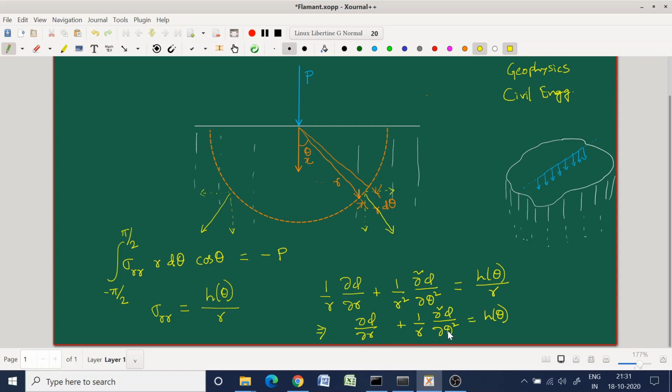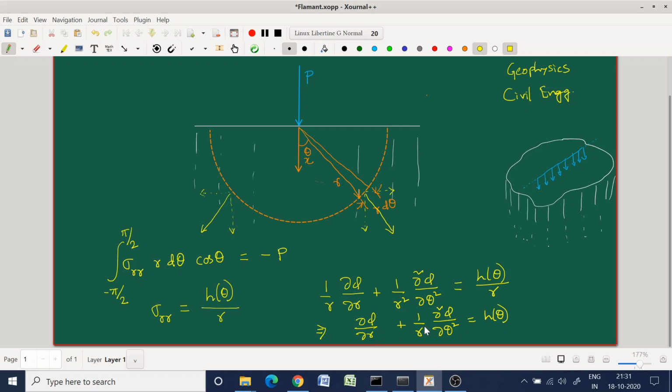Here also you note that we need to have such a phi that from this partial derivative with respect to theta, whatever r dependence comes out has to be negated by this 1 by r.